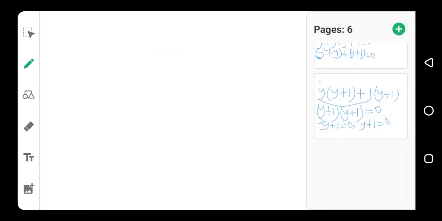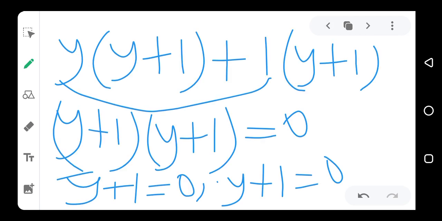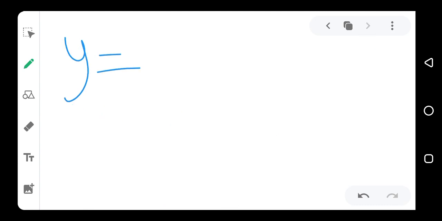So that actually means that y is equal to, if y wants to stand alone, we bring the 1 to this side. It has positive, so it becomes negative. The same thing with the other one. So y is equal to minus 1 in the first bracket, and also y is equal to minus 1 in the other one.